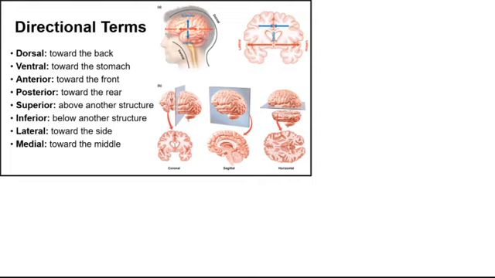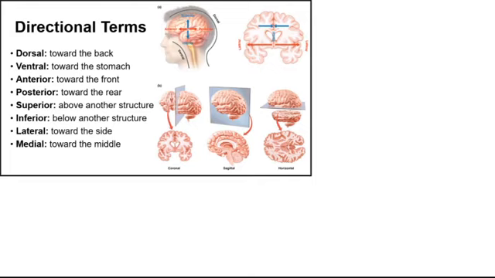Nowadays, we can get these kinds of slices using brain imaging techniques. So you can have an MRI that will give you something fairly similar. So it doesn't have to be a physical slice, but we still use the same terminology because the terminology gives us orientation information. So if we talk about a coronal slice, that's coming through this way on the brain.